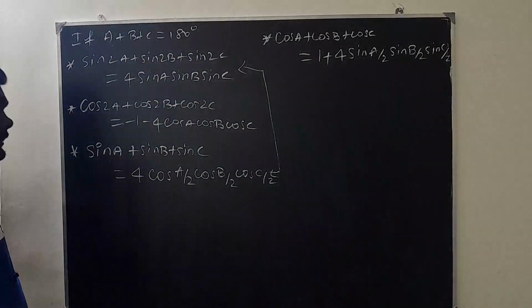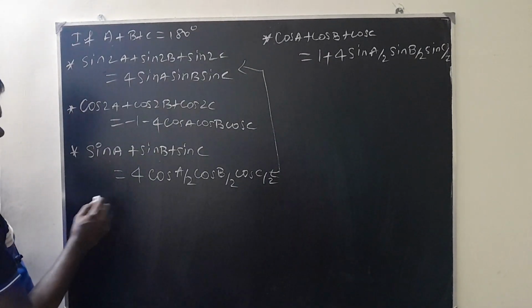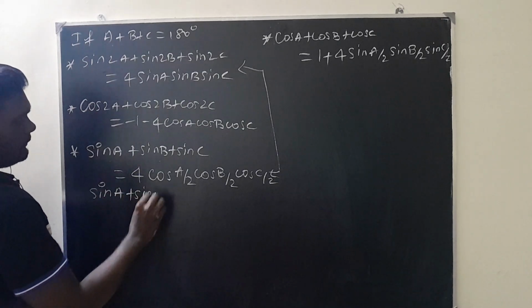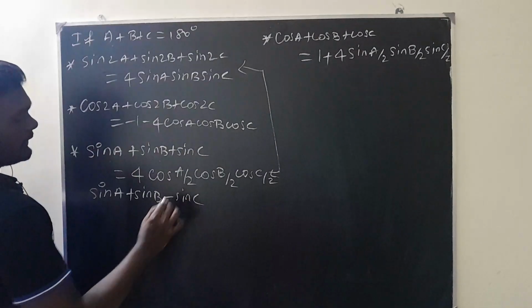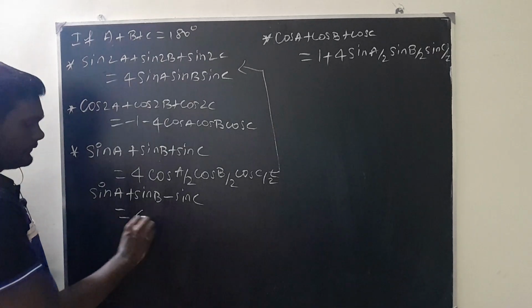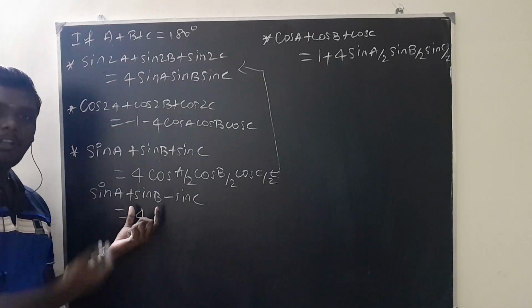Now we will discuss the change of signs here. What are all the changes of signs? The first possibility: sin A plus sin B plus sin C, but instead of plus sin C, I am having minus sin C. Then you know how that minus works? For the same structure, what is the original formula of this?